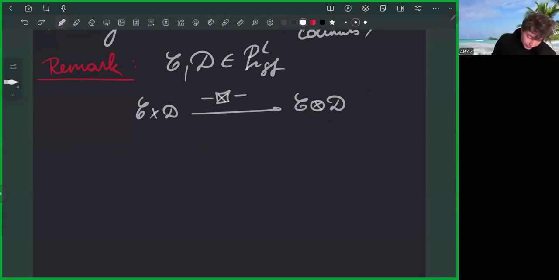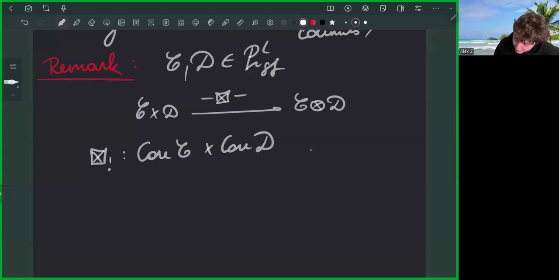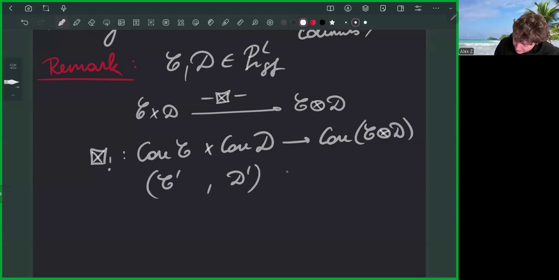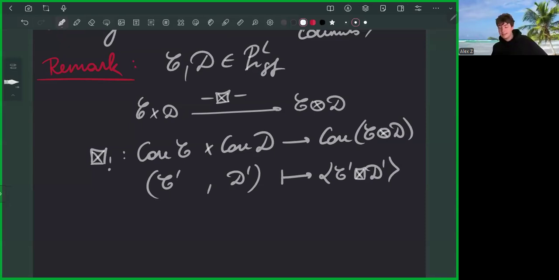And so what this gives is that in particular you get some induced functor, namely you get a functor from core C times core D into core C times D. And this functor takes C prime and D prime and maps it to the hull of C prime tensor D prime.